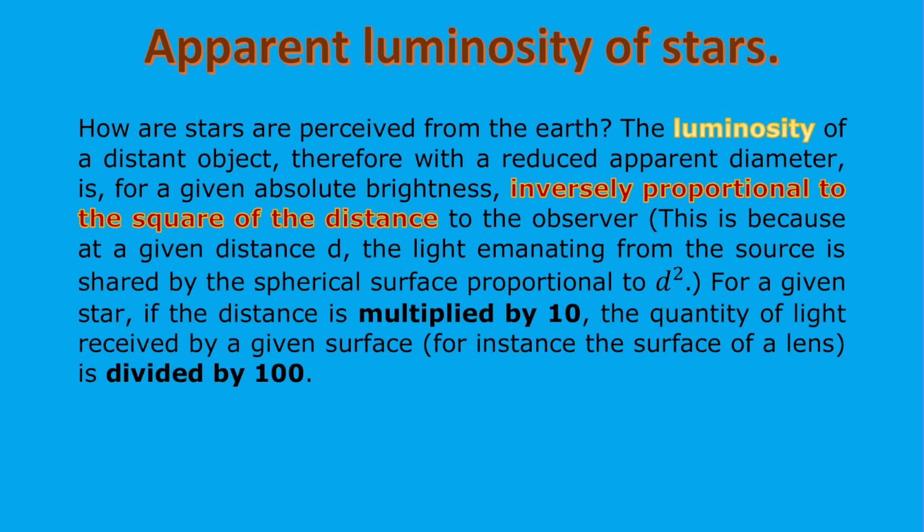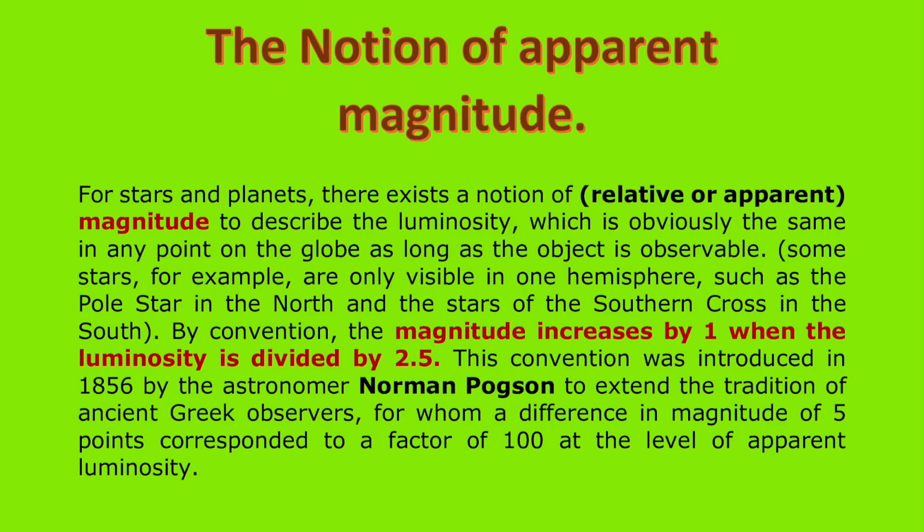For a given star, if the distance is multiplied by 10, the quantity of light received is divided by 100. For stars and planets, we define the notion of relative magnitude to describe the luminosity, which is obviously the same in any point of the globe, as long as the object is observable.